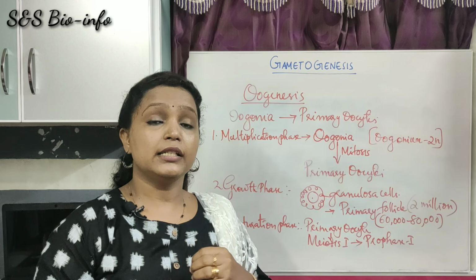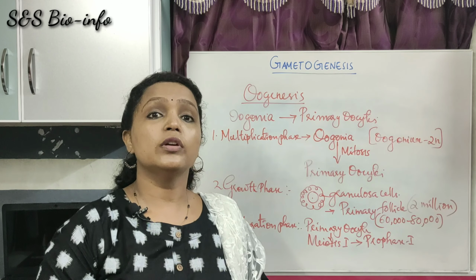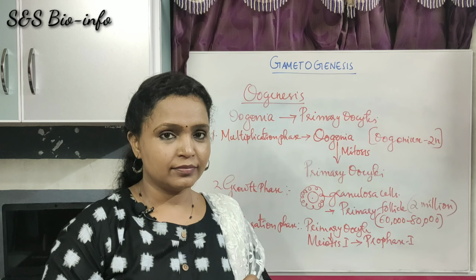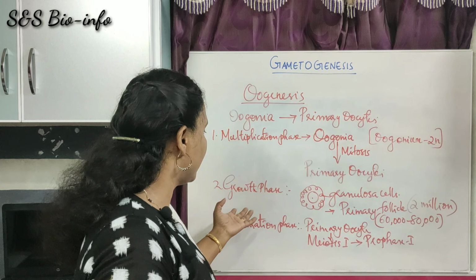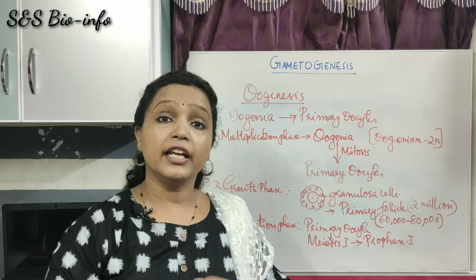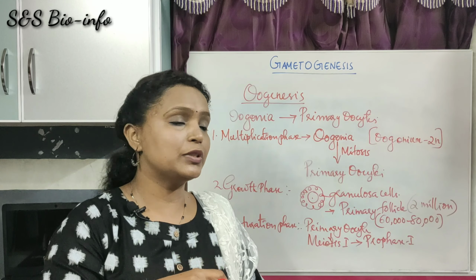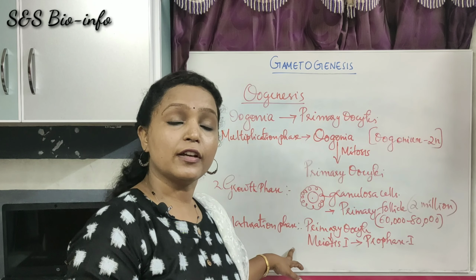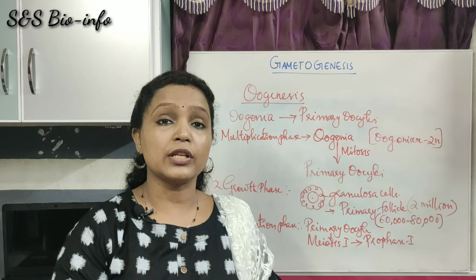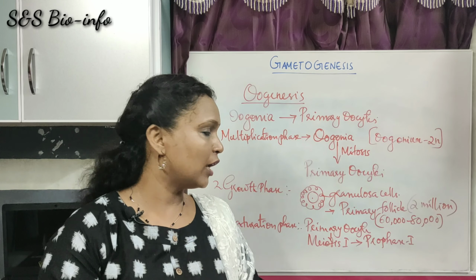When the child attains puberty, each primary follicle begins to mature through its growth phase and maturation phase. Growth phase means adding more layers of cells around the developing oocyte. And maturation phase means the primary oocyte develops into a secondary oocyte with the first polar body.